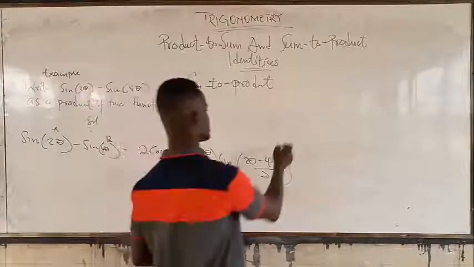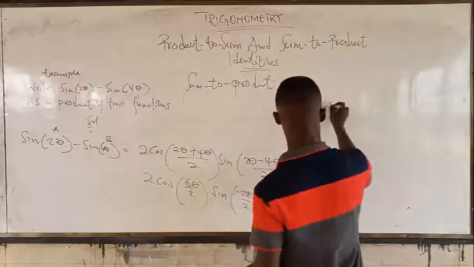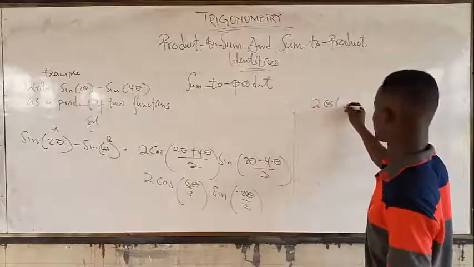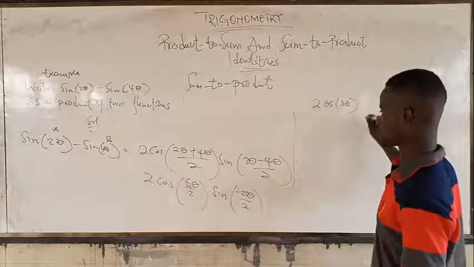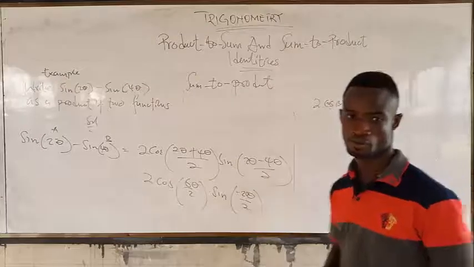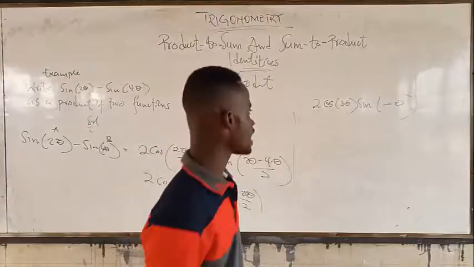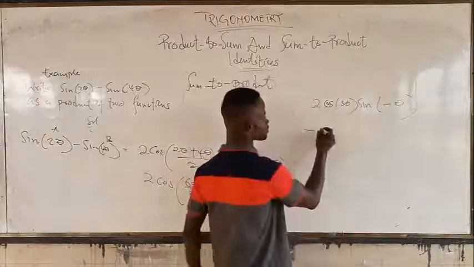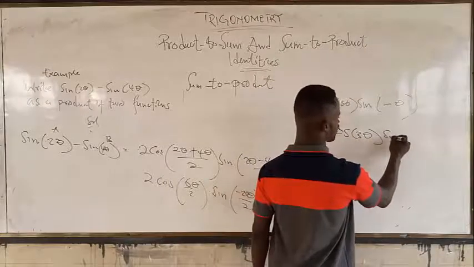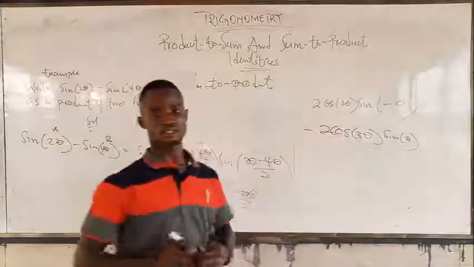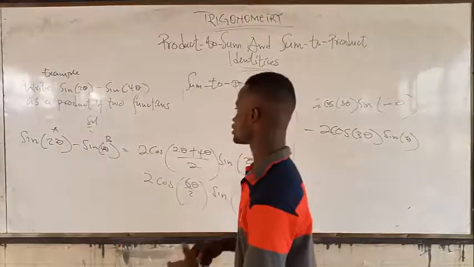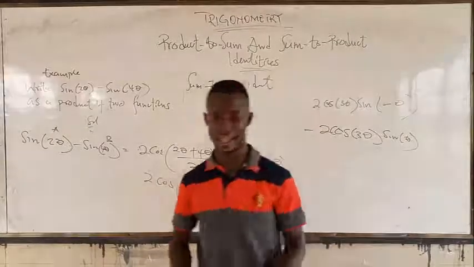Alright, and this is going to give us 2 cos 3 theta sine negative theta. And we all know that sine is an odd function, so this is going to give us 2 cos 3 theta sine theta. So this is going to be the expression, and this can be said to be an identity.